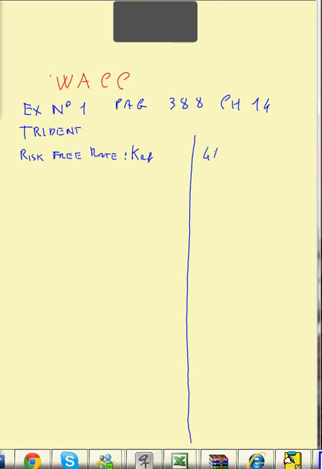4%. Usually this is the long-term 10-year treasury bond.